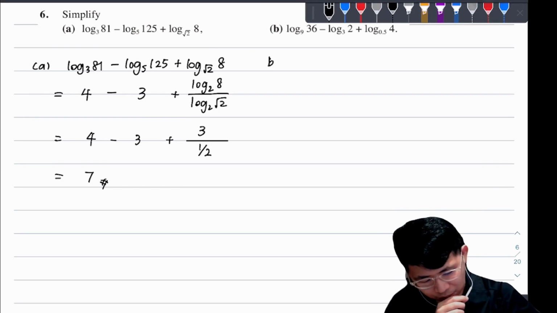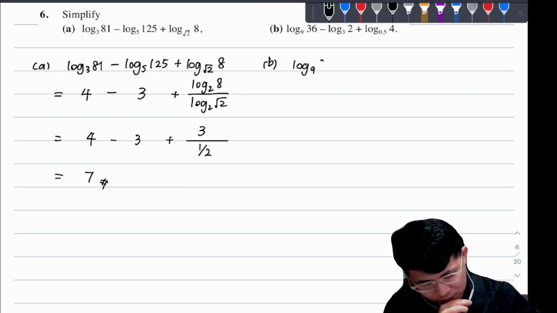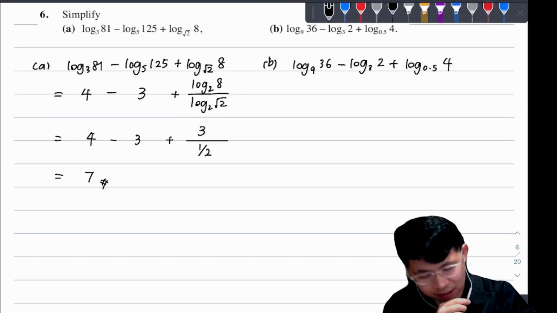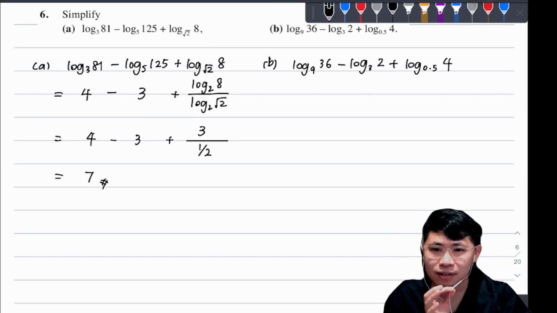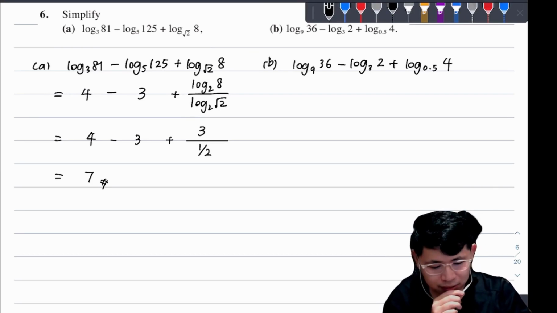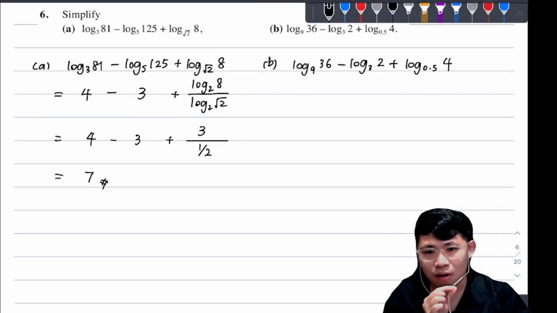Okay. Now for part B, it will be a bit challenging because you don't start with easy bases, and then you have many bases to handle. Okay. So like the advice that I gave just now, if everything fails, do the change of base formula to ln or log 10.